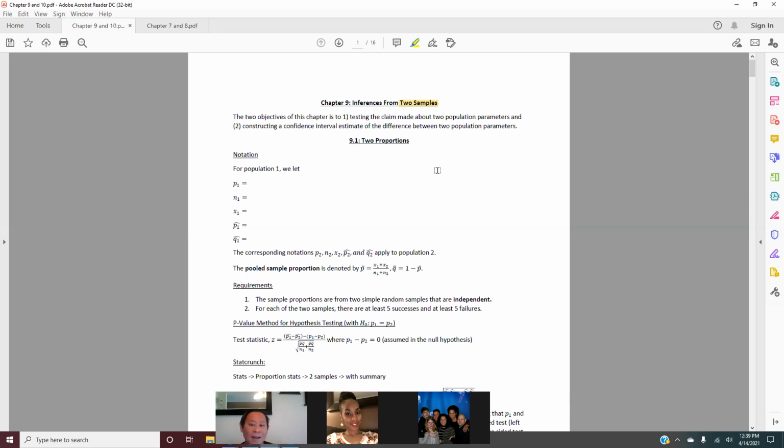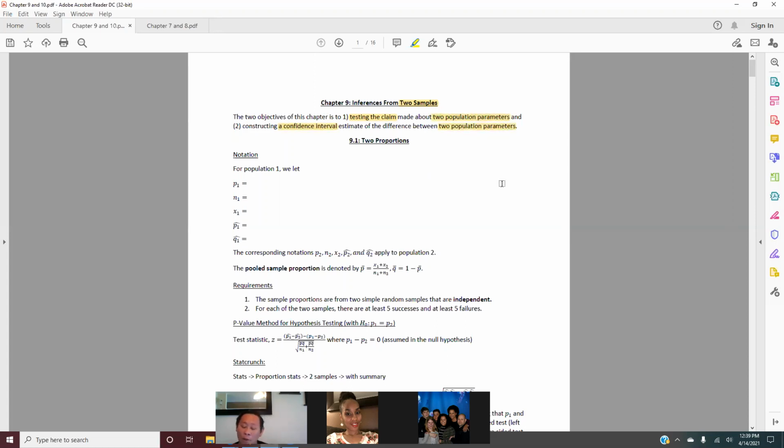So this has a lot of work because you're doing two things together in one question, hypothesis testing and confidence interval, and we are talking about two population parameters here.